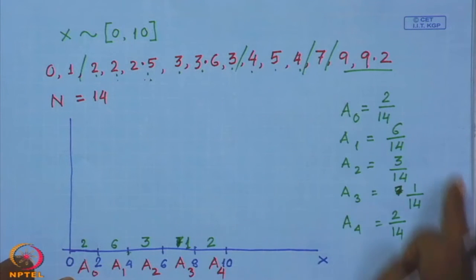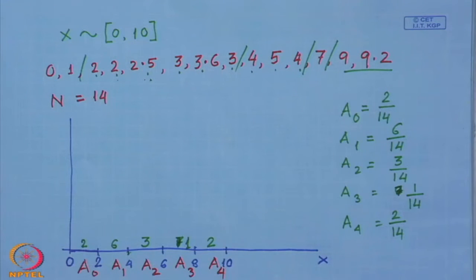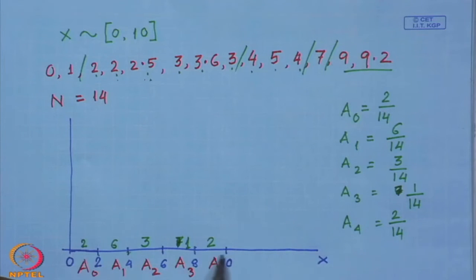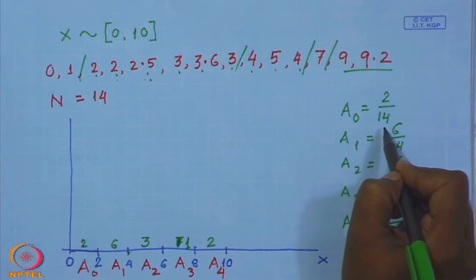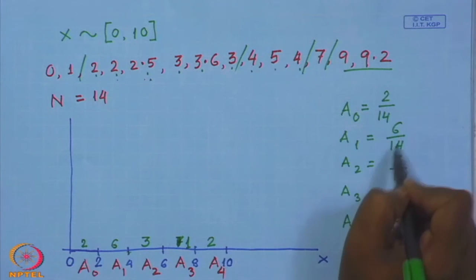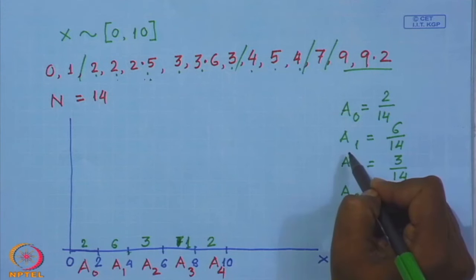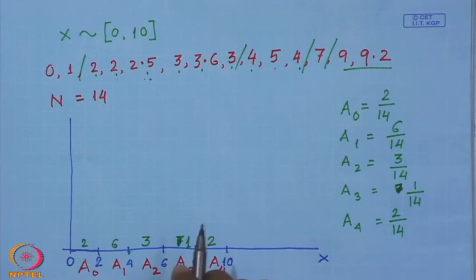From this, I can now compute the probability density in different bins, because that is nothing but the area divided by width, and I have assumed that every bin has the same width, equal to 2. So, if I divide A 0 by 2, which is the width, I get the probability density estimate in the 0th bin. This divided by 2 gives the probability density estimate in the first bin, and so on.